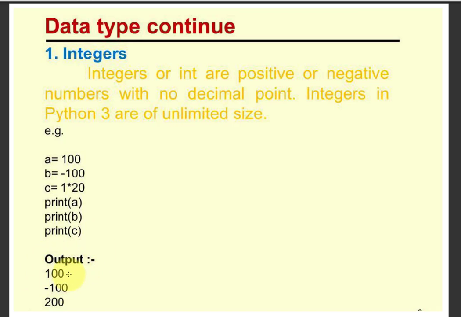Variable a gives the positive integer value 100, b gives negative 100, and c gives the multiplication of 20. Actually, here it is 10 into 20, not 1.